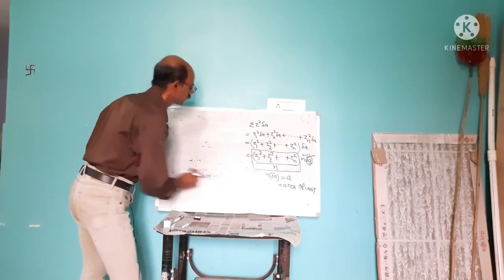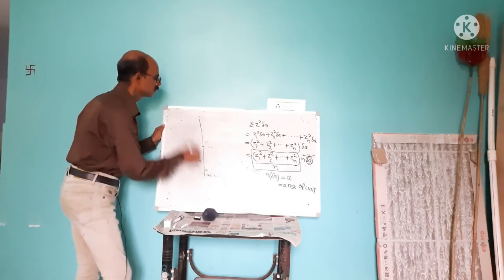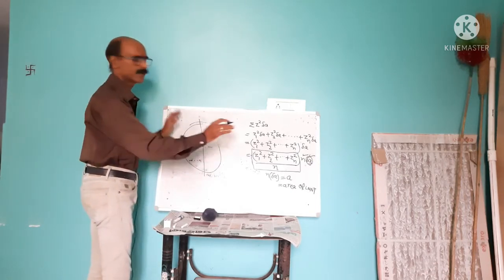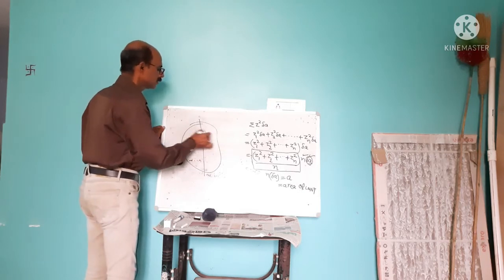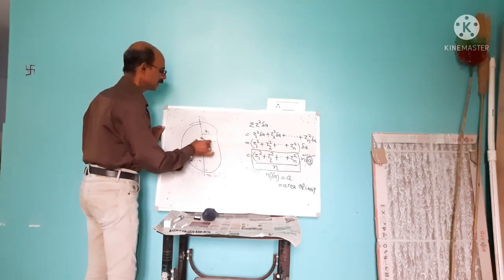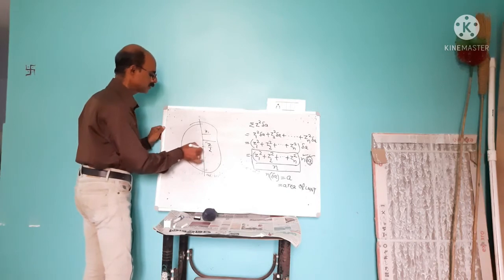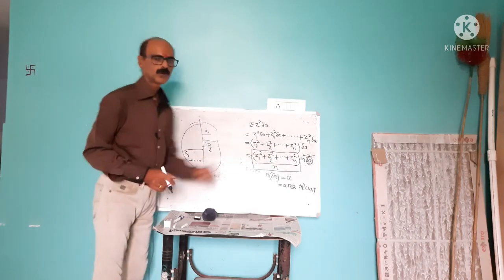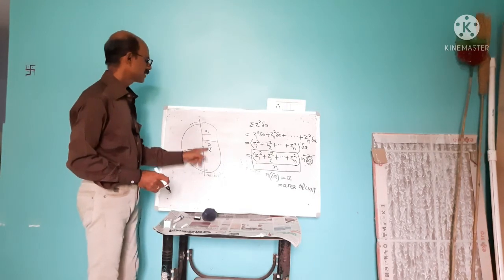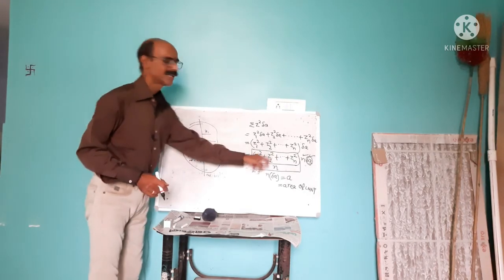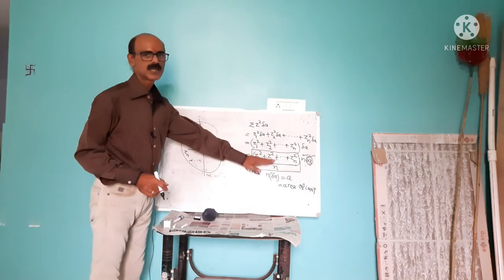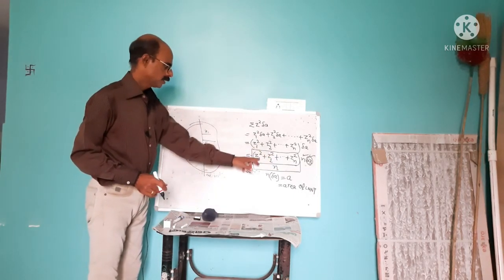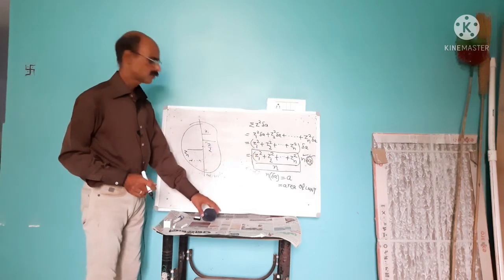Suppose there is an axis, a body divided into n parts, Z1, Z2, like that, Zn. We have taken the square of all these, Z1 square, Z2 square, Zn square, divided by n. This gives us the square of the radius of gyration.